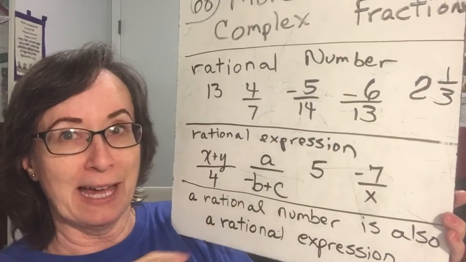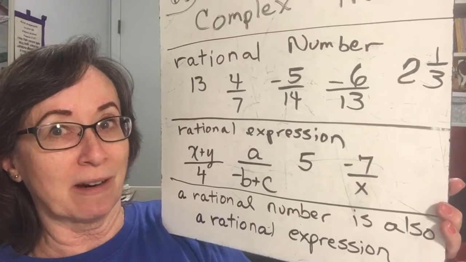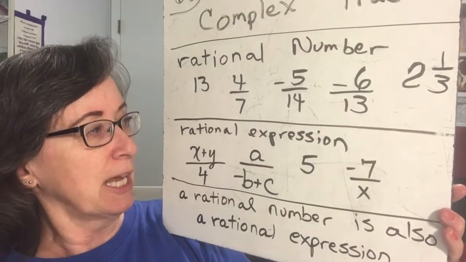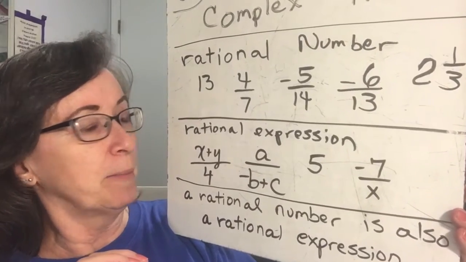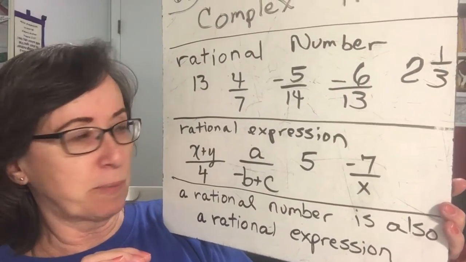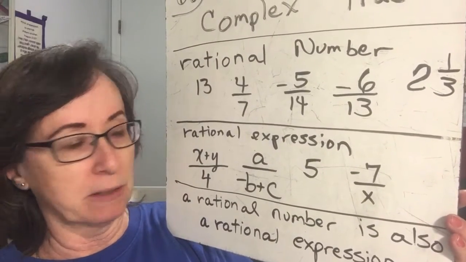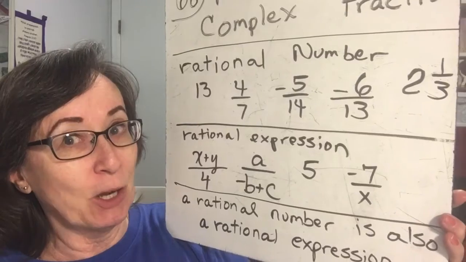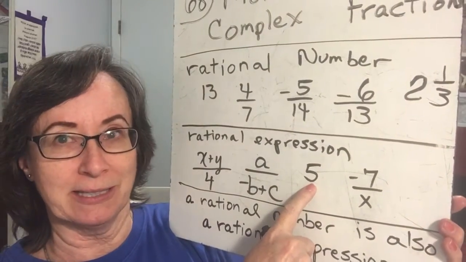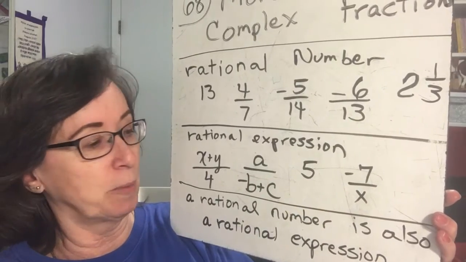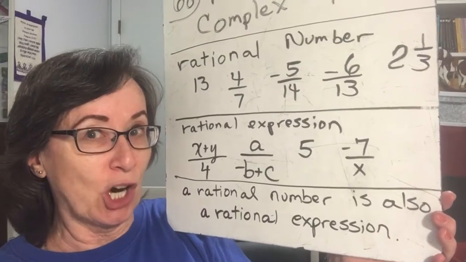So when you say, well, 5 is a rational number, but all rational numbers are also rational expressions. So basically a more complicated definition of rational expression would be a polynomial divided by another polynomial. And we know that a polynomial could be a single-termed constant, because poly just means many, and nomial just means terms.